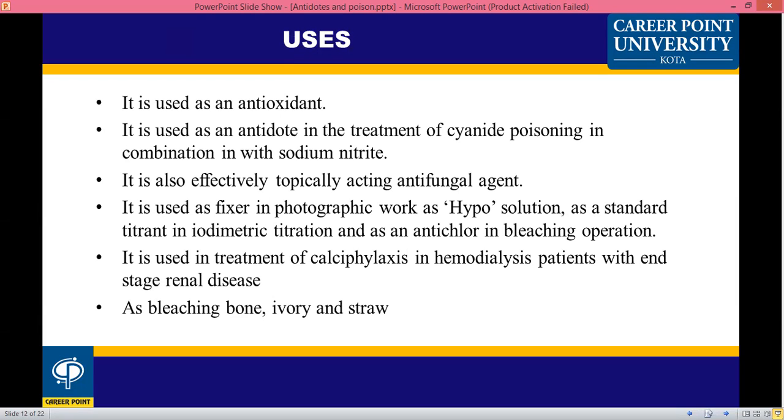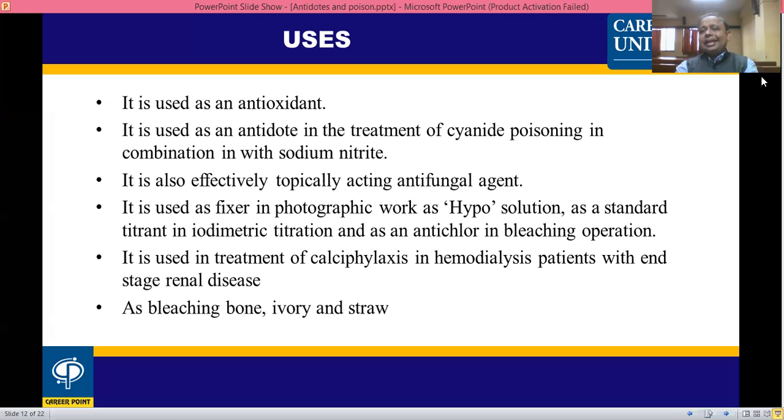Next point is how to use, and the uses of sodium thiosulfate. Sodium thiosulfate is used as an antioxidant. It is also used as an antidote in the treatment of cyanide poisoning, in combination with sodium nitrite.